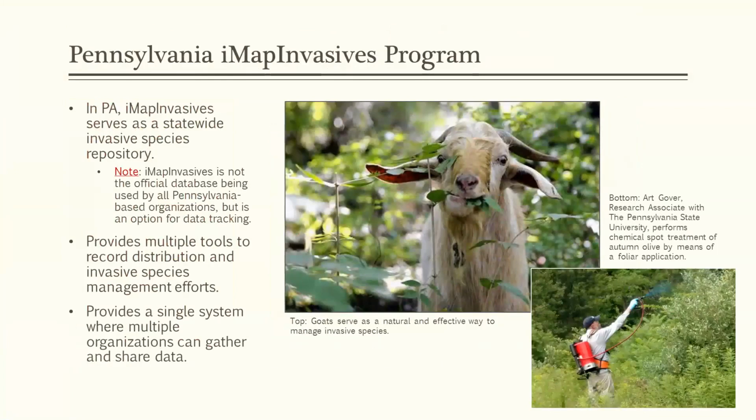As we talked about already, it does provide multiple tools that you can use to record distribution information as well as invasive species management efforts. And it provides this really nice consolidated single system where multiple organizations and people can gather and share their data in this one single platform.